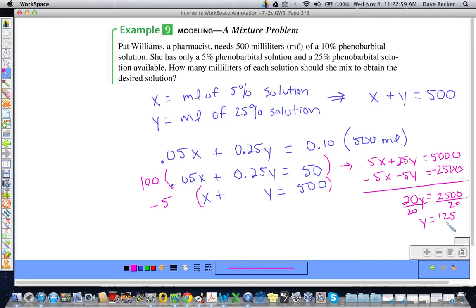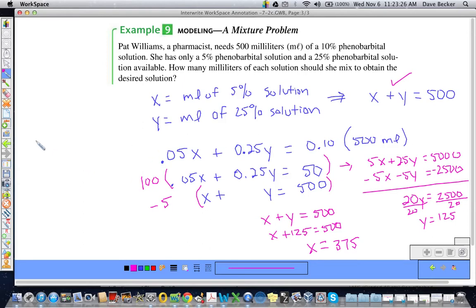And then I know that x plus y must equal 500. Since I know that y equals 125, I can substitute that and get x plus 125 equals 500. Subtracting 125 from both sides, I get x equals 375.